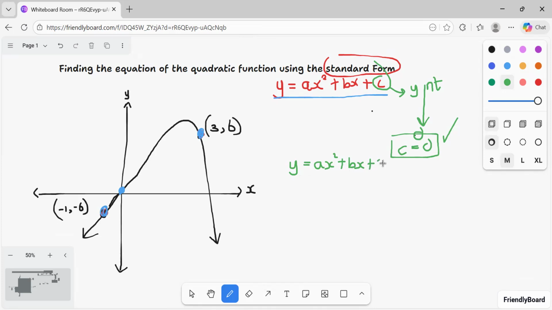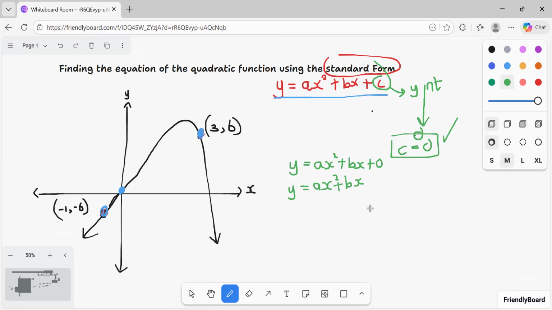I can just shorten it and write y is equal to ax squared plus bx. I don't need to write plus 0 because 0 means nothing. So there's no zero.